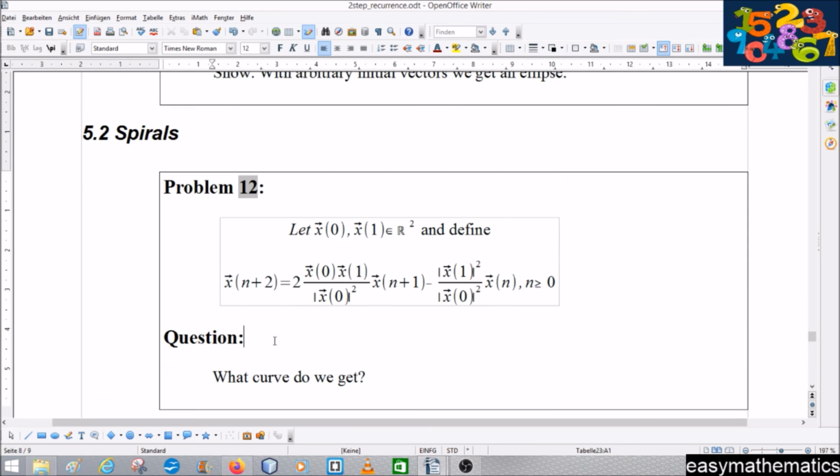The question is, what curve do we get? You can think about that by yourself, stop the video, take pen and paper, and try to figure out what curve we get. And of course, the answer should be some kind of spiral.